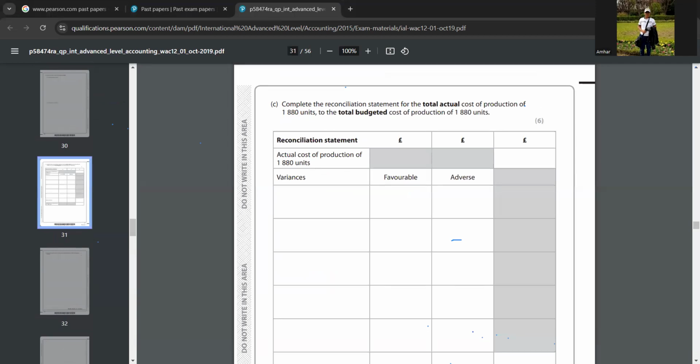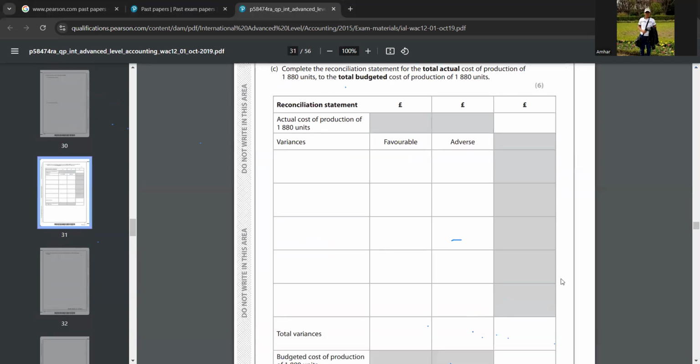So how will you write that? Now, this is the reconciliation statement. In your exam, they will give it like this. In this part, you have to write all the variances. The first variance that we calculated is direct material usage variance, right? So you can write here direct material usage variance. What's the value?